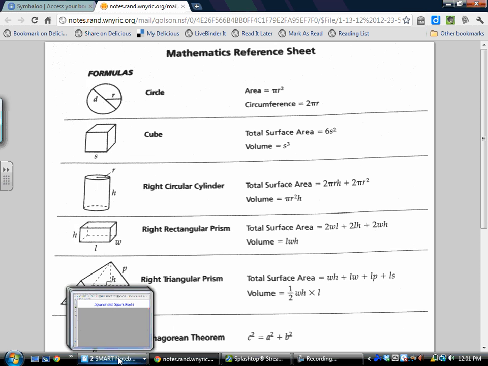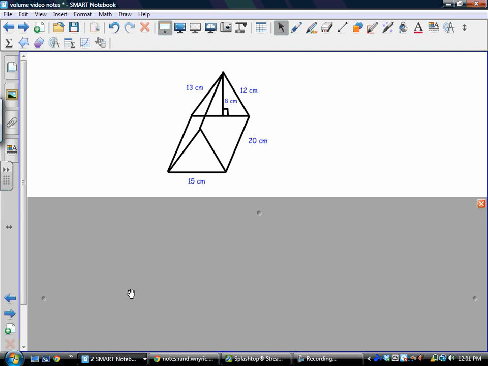So if we go back to ours, the W was the bottom of the triangle, so that's the 15. The H was the one that came down and met that at a right angle, so for us that's 8. And then the L ran between the 2 triangles, so that's this side over here. That is the 20.